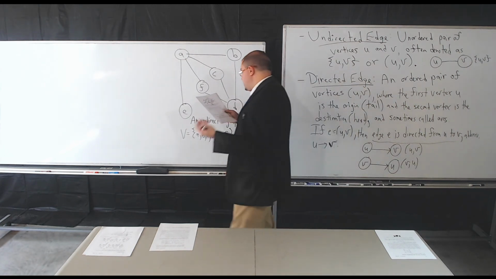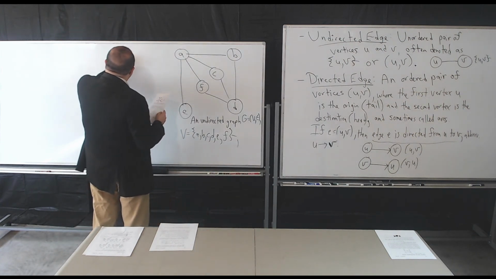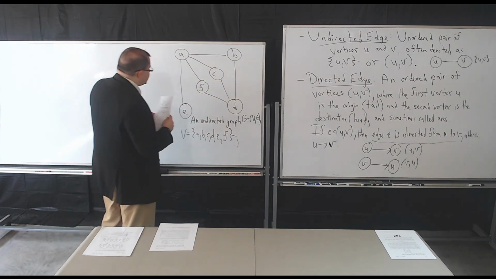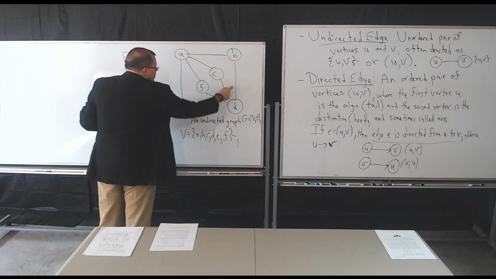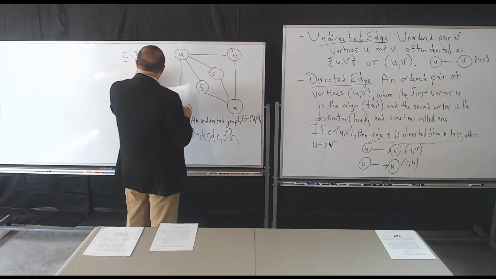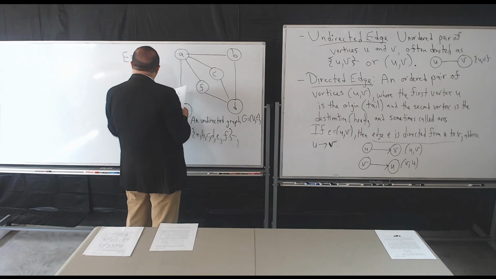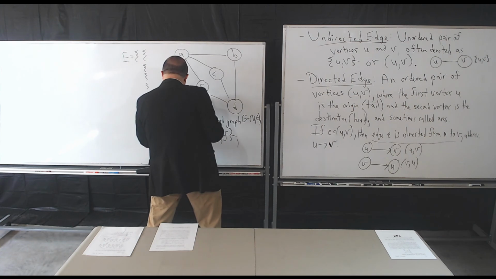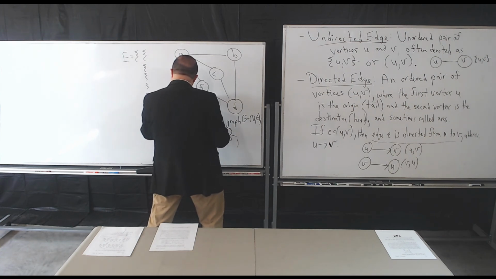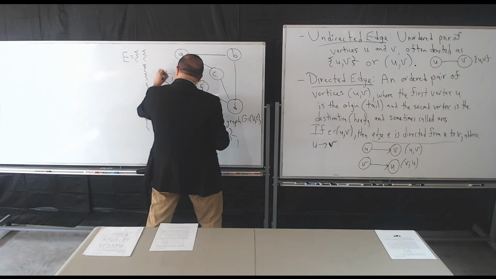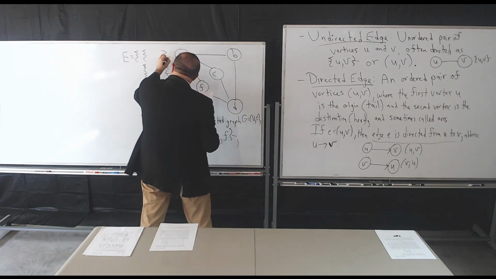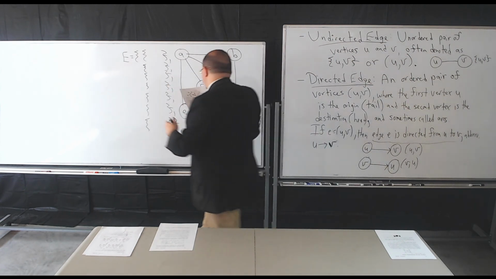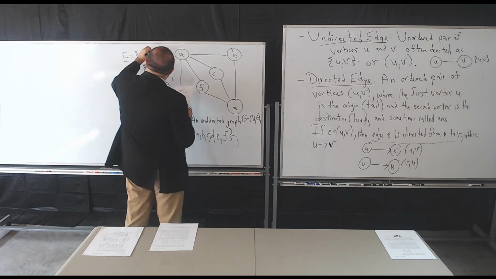How about all the edges? Let's write down all the edges quickly. These are undirected edges. How many edges do I have? 1, 2, 3, 4, 5, 6, 7. I have 7 edges. Let's write them all down. I would recommend writing them from left to right, but I'm saving some space over there. We know {A, B} is an edge.